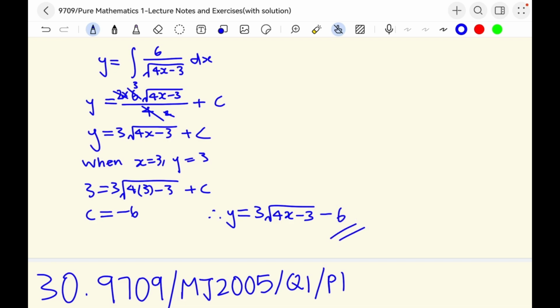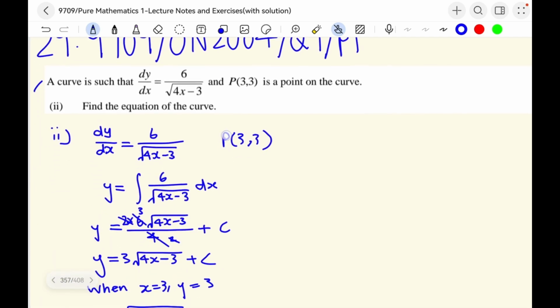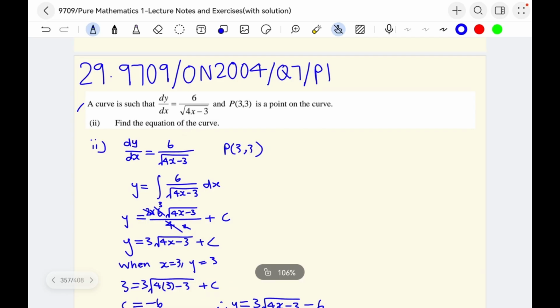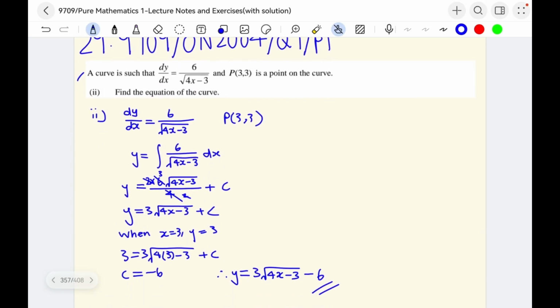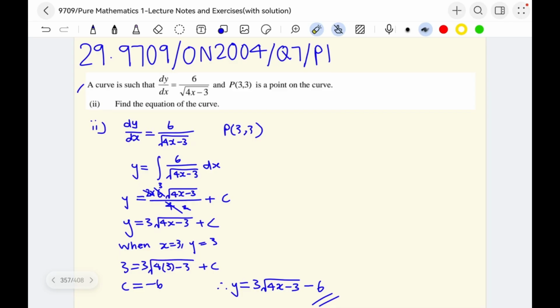So that's the final answer of the equation of the curve. Pretty simple, right? So you have no excuse to say that calculus is difficult, because the tougher ones are coming to you when you pursue engineering degree studies. All right. So we have ended this question. Let's move on to the next question.